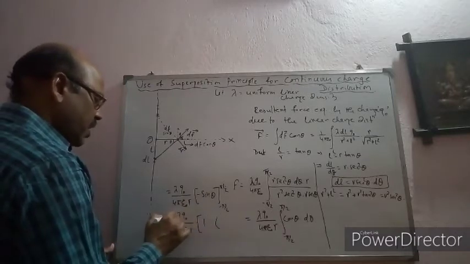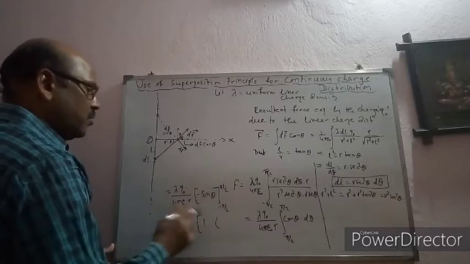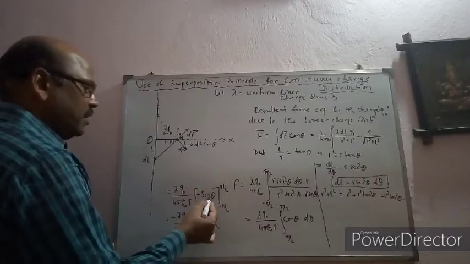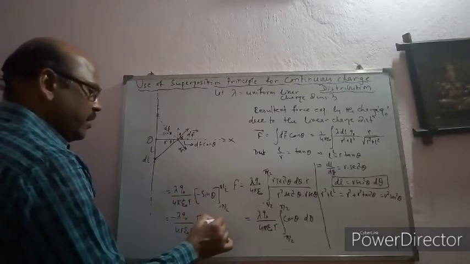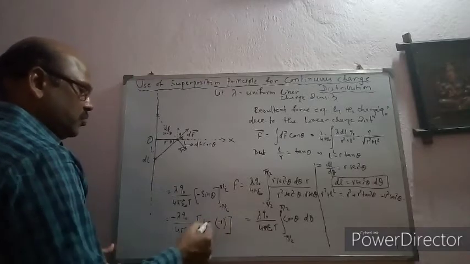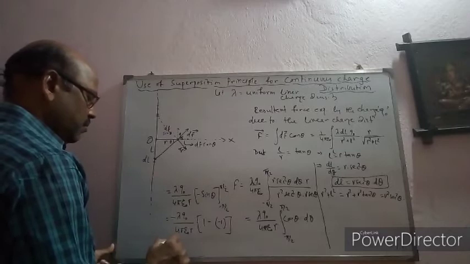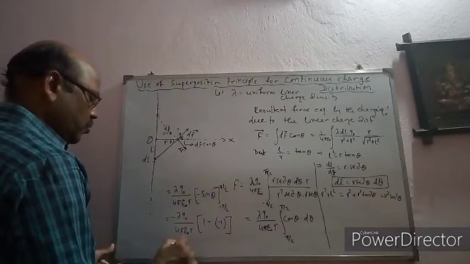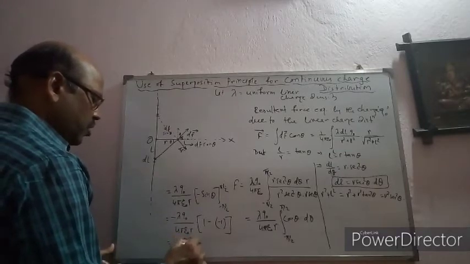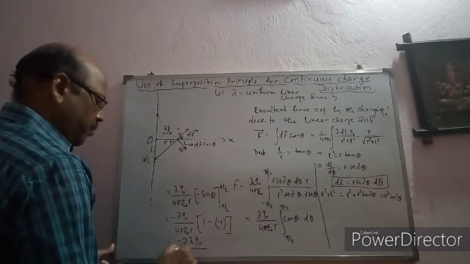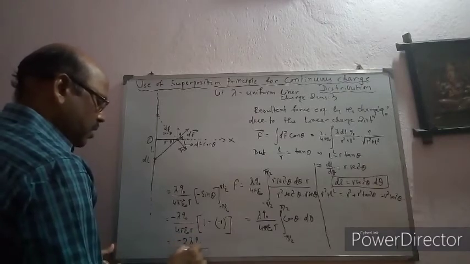Remaining is sin theta. Sin pi by 2 is 1, minus minus 1, so this becomes 2. So the answer is 2 lambda q naught by 4 pi epsilon naught R.